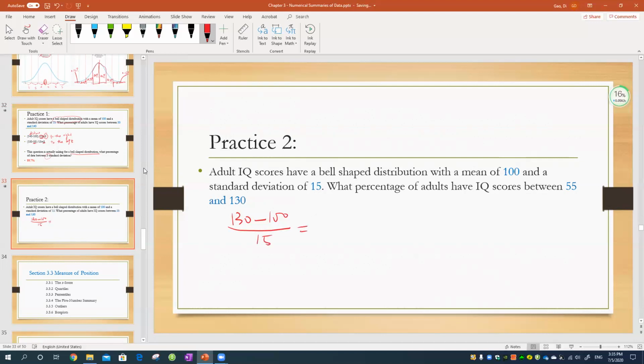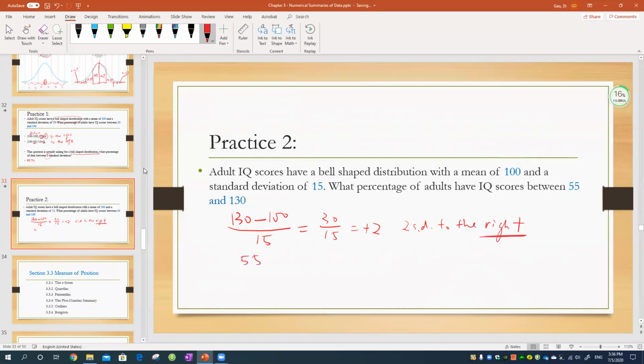So that's 30 divided by 15, which is positive 2. That means 2 standard deviations to the right. Positive means to the right.